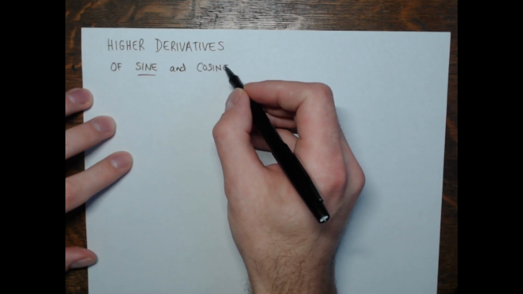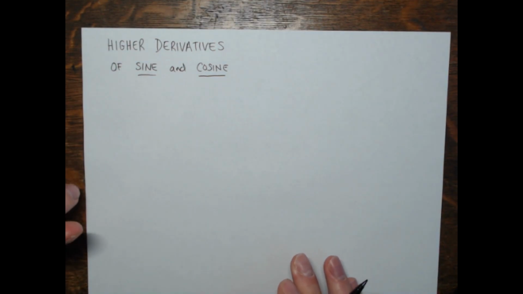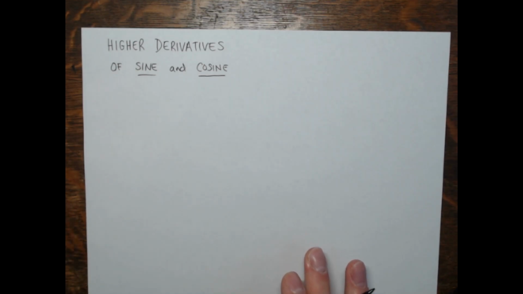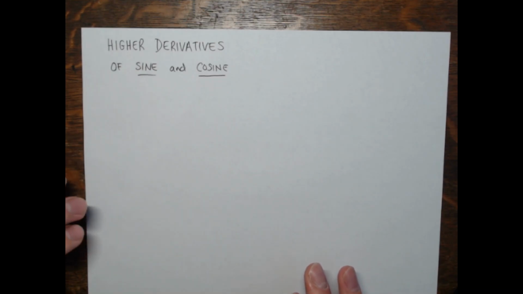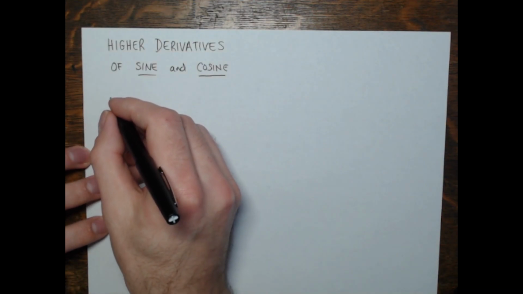You're going to see some nice patterns forming with the sines and cosines, patterns that really don't form very easily. You're not going to see a nice pattern with the other four: tangent, cotangent, secant, cosecant.